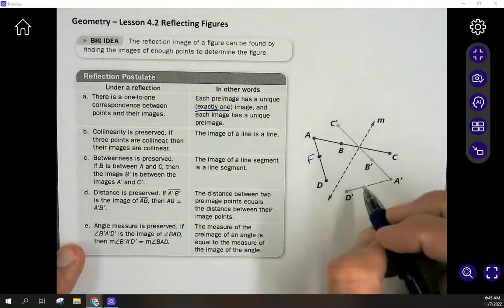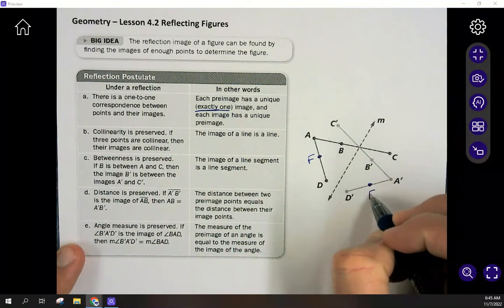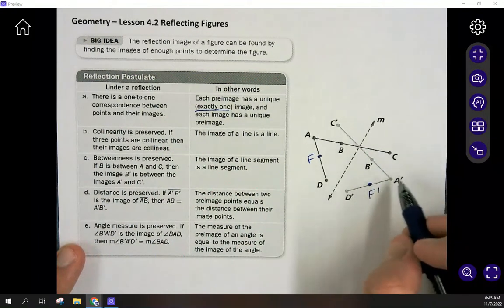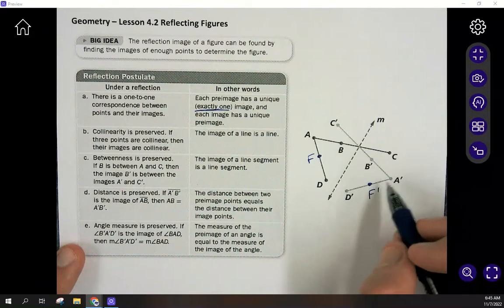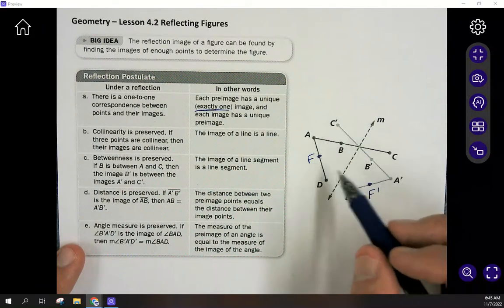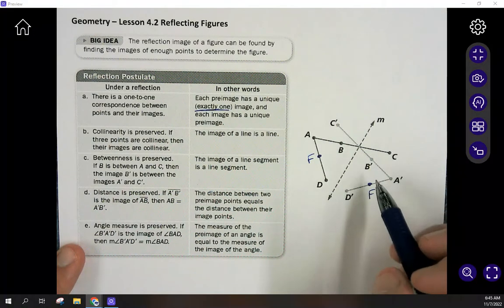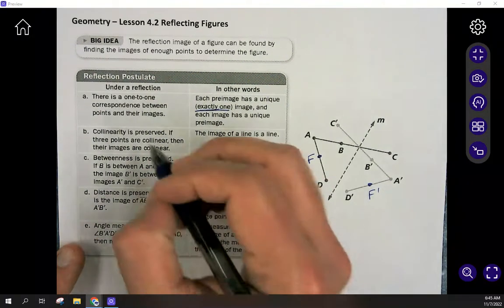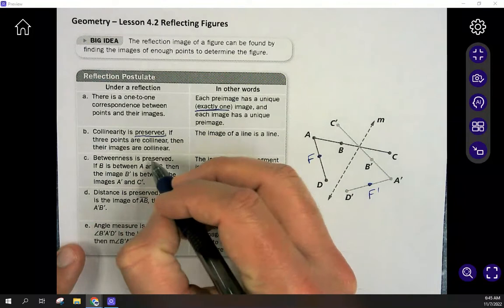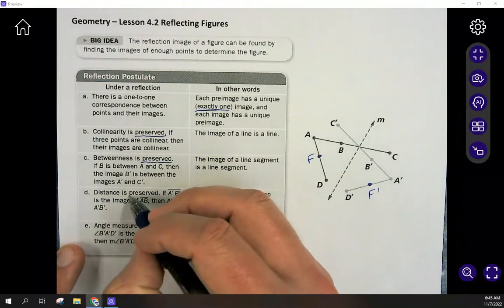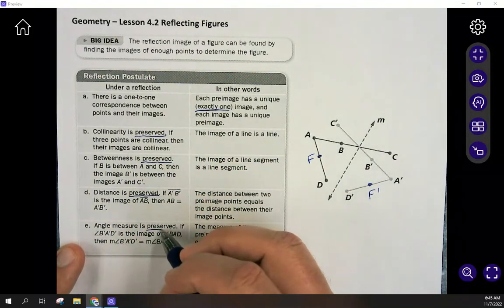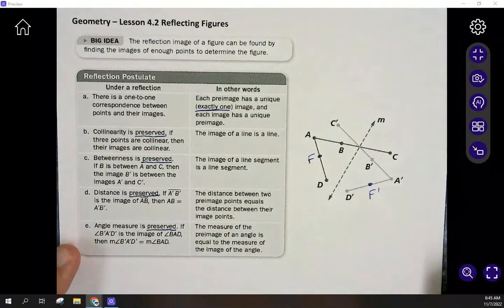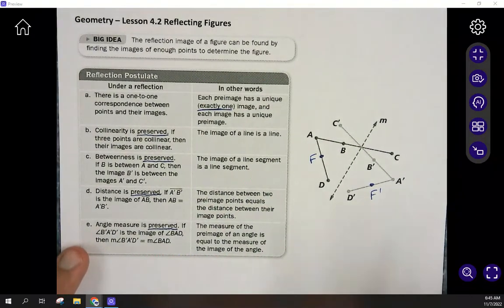And when I reflect this figure, the image of F would be here, and the images of D, F, and A would also be collinear. It doesn't randomly change where now one of them's not on the line. So collinearity is preserved. We're going to be talking about all the things that are preserved here. You have something special, you reflect it, that still remains. It's just on the other side of the reflection line.